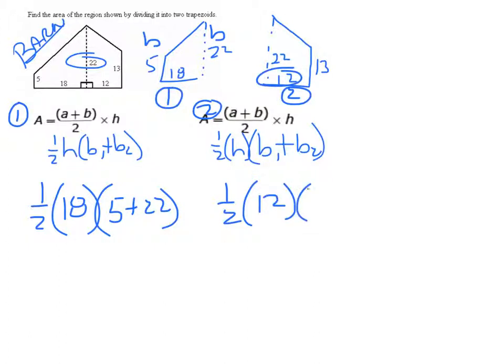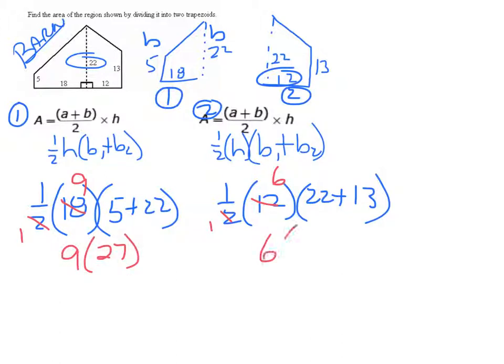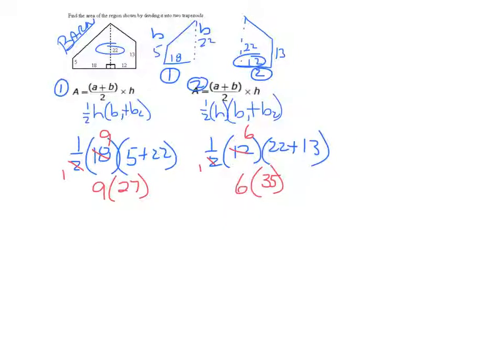And that's going to be 22 plus 13 for our bases. So again, if you notice, I can reduce here to simplify. I can reduce here to simplify. So I really have 9 now times 27, and I have 6 times 35, which will give me two different areas. So then this one I have 243, and then this one I have 210.